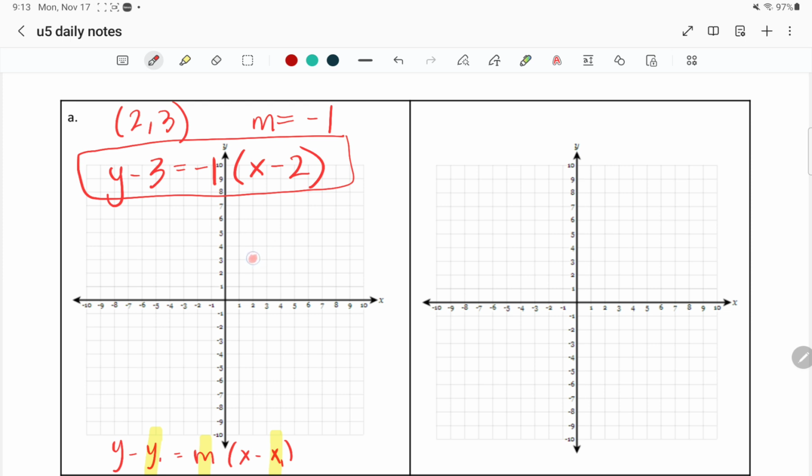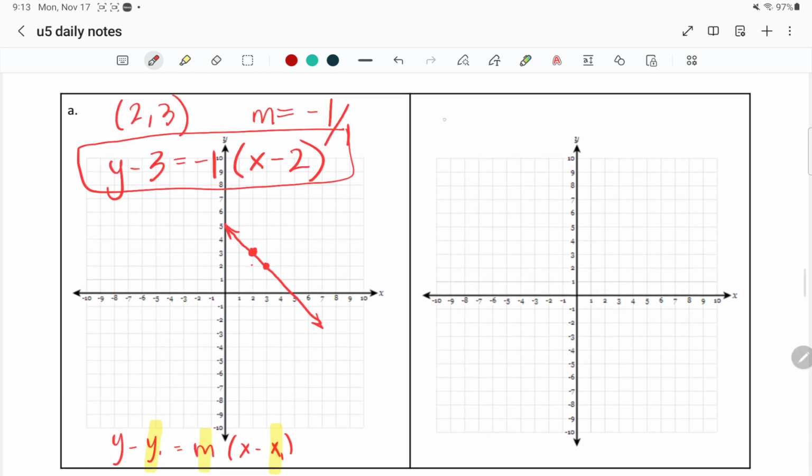And then from there, I'm going to go down 1, over 1. I'm going over 1 because it's a whole number. Every whole number is a fraction over 1, positive 1, so it's going to go to the right. And by doing that, I make a line that goes down because I have a negative slope.